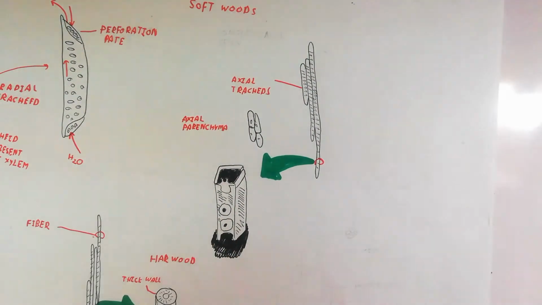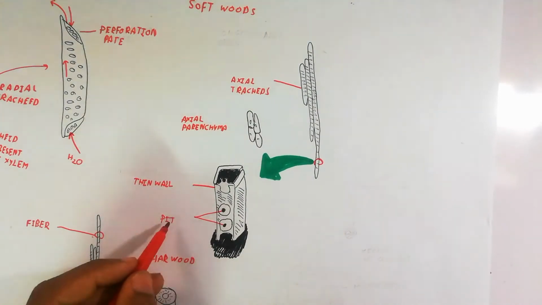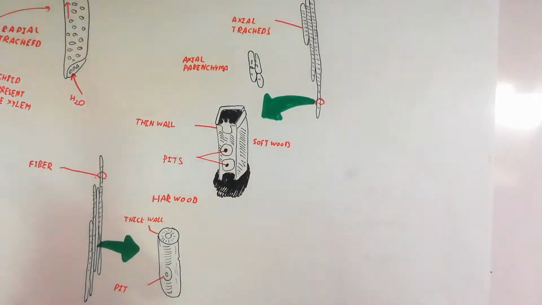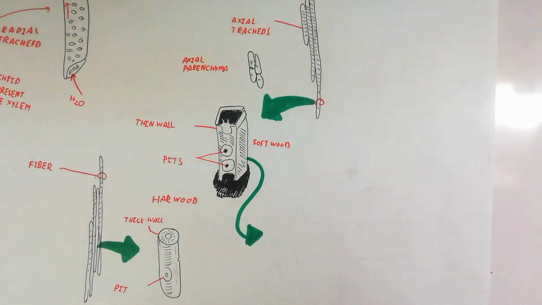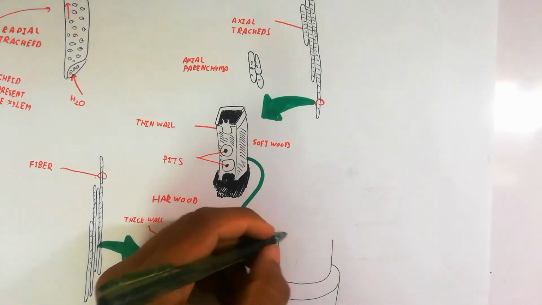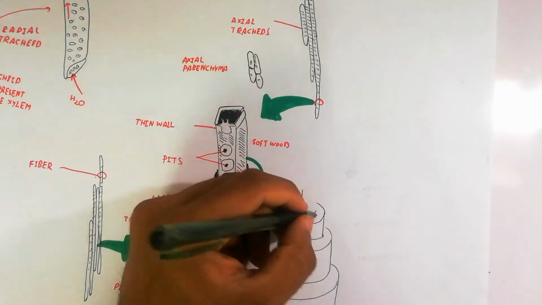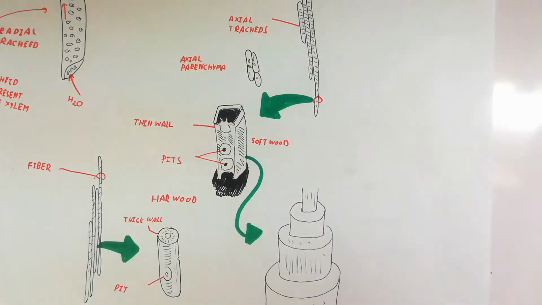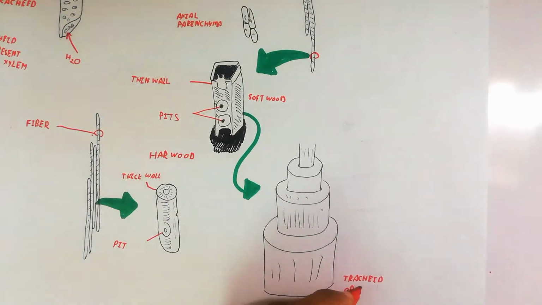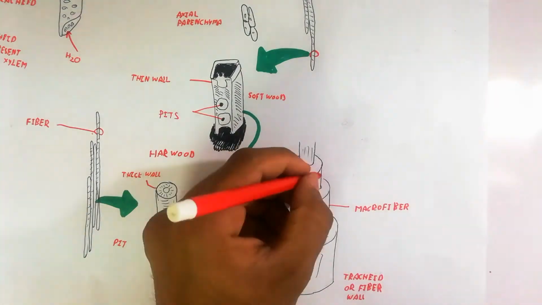We will discuss softwood vessels. Here is a tracheid containing pits that is very thin walled, with a thin wall layer of cellulose. Now we will talk about the cellulose. The cellulose is contained in the tracheid or fiber wall, and the fiber wall contains a macrofiber.